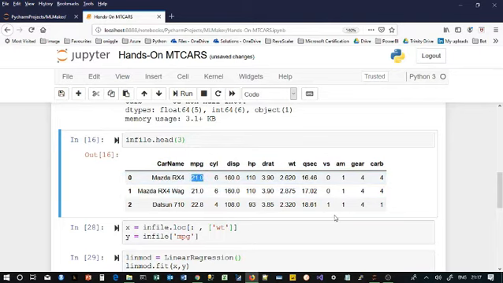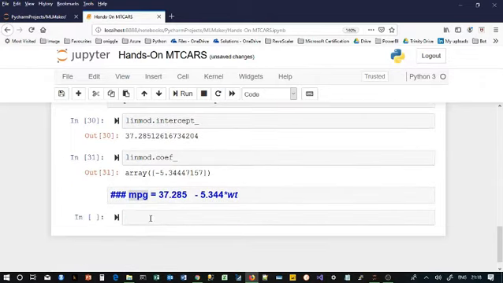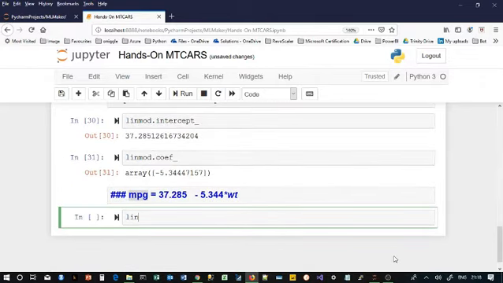So what we have to do is generate a predicted miles per gallon using the equation and then compare it with the original miles per gallon field. In order to predict it, all I have to do is create a variable, predicted miles per gallon, equal to my model name dot predict, and I give my x.